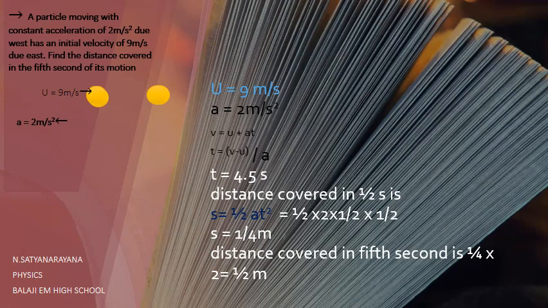Then what you will get is the distance is 1 by 4 meters. So if for half a second it is 1 by 4 meters, for 1 second it is into 2, that is half a meter. So 1 by 2 meters is the distance traveled in the fifth second.